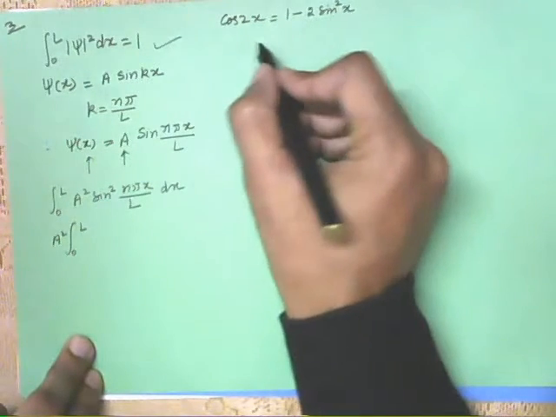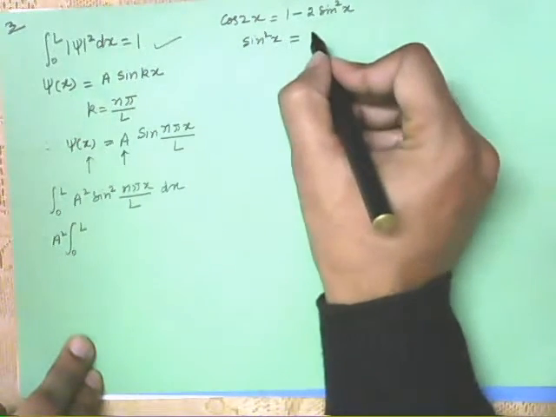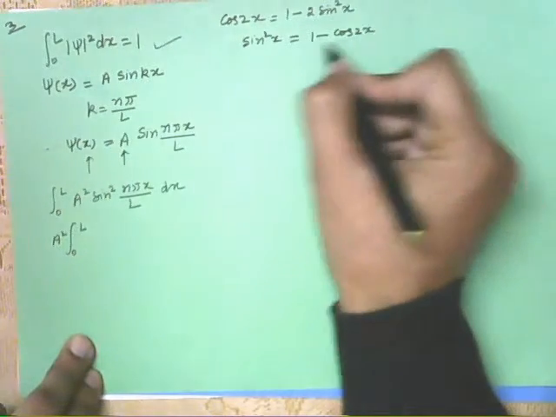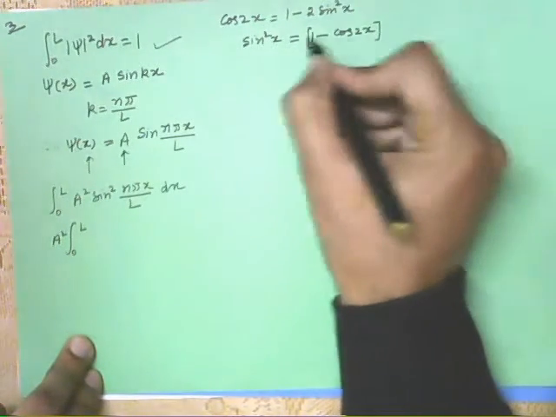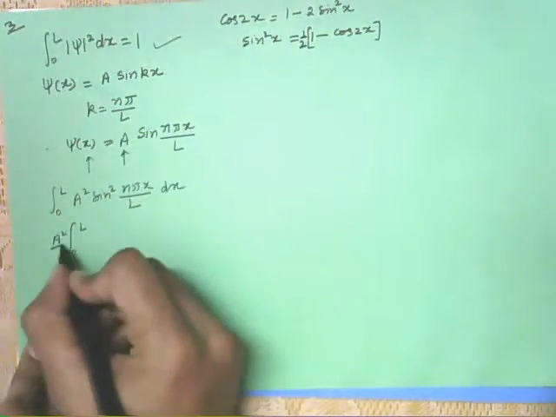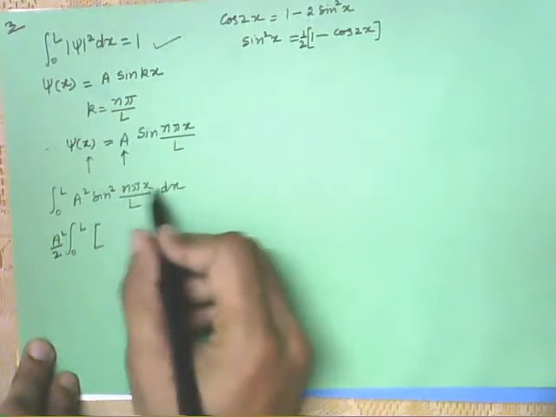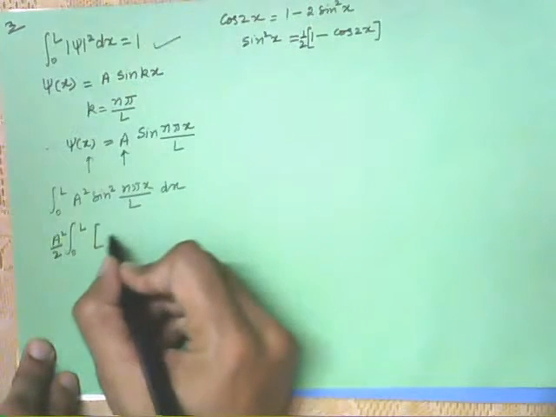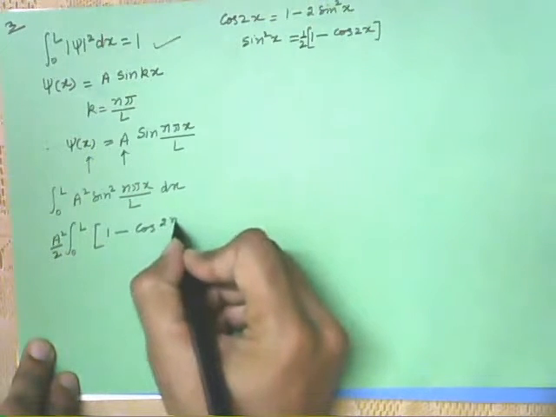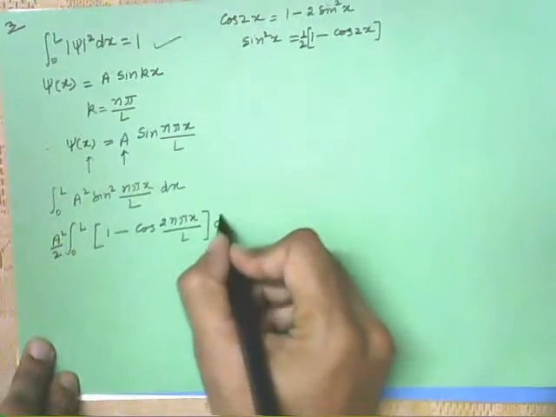So sin squared x is equal to 1 minus cos 2x, times 1 by 2. So here a squared by 2, 0 to L, and instead of sin squared n pi x upon L, we can write 1 minus cos 2 n pi x upon L, dx.